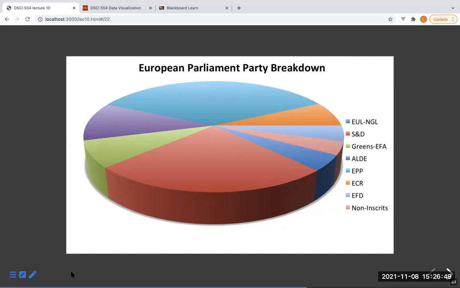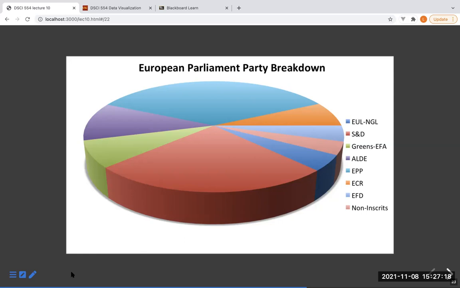Right. So here it's really complicated to use, right? So how do we fix it? So to fix a chart, you need to think about what is the information that is in there.